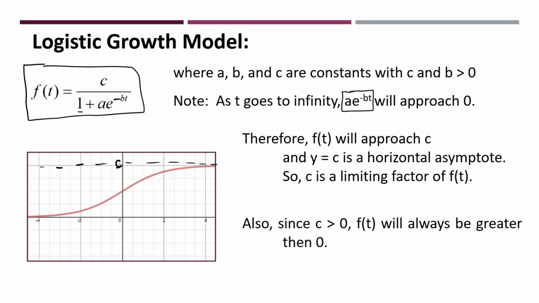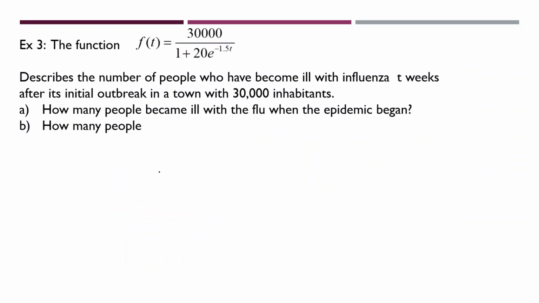In this particular drawing, C was 2. So that is called our limiting factor. C is greater than 0 in these real world problems, and so f of x will also always be greater than 0, and so it has a second horizontal asymptote down here at y equals 0. Okay. All right, so what does this look like?